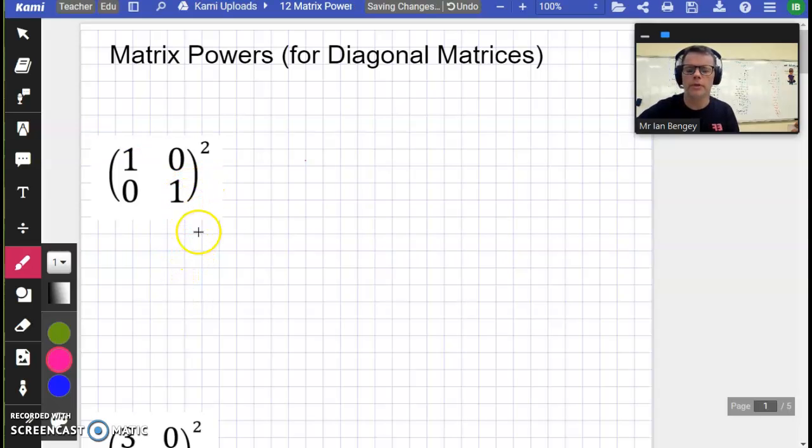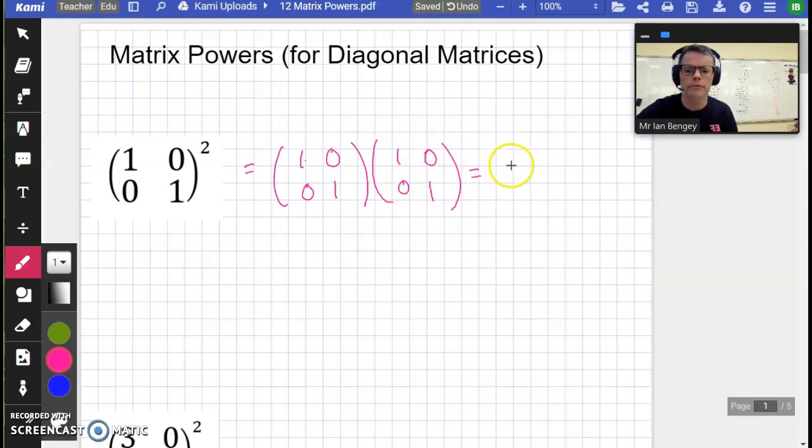So we'll first of all look at the square of the identity matrix, which you may have considered before, but of course that looks a bit like this: 1, 0, 0, 1 multiplied by 1, 0, 0, 1, and we simply use rules of matrices. So that row times that column, so 1 times 1 plus 0 times 0 in the top left position, 1 times 0 plus 0 times 1 in this position.